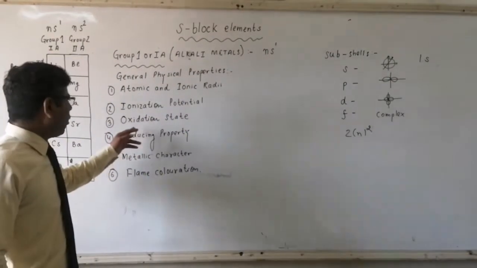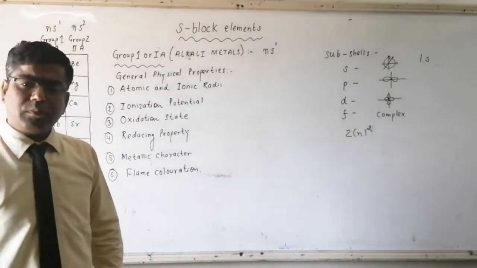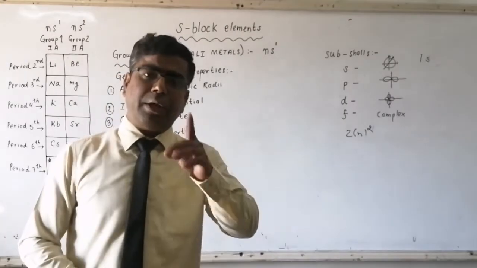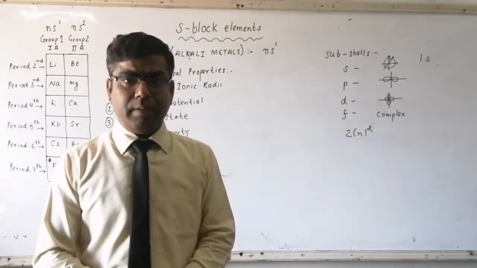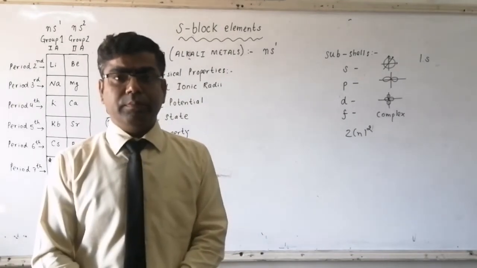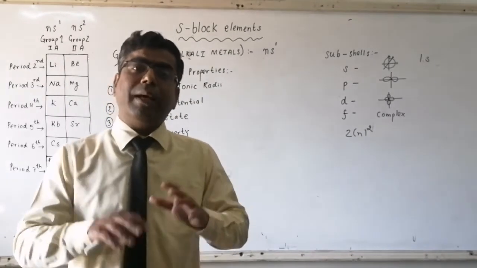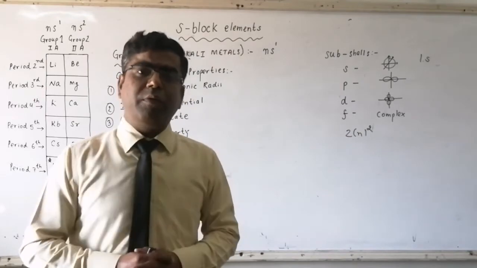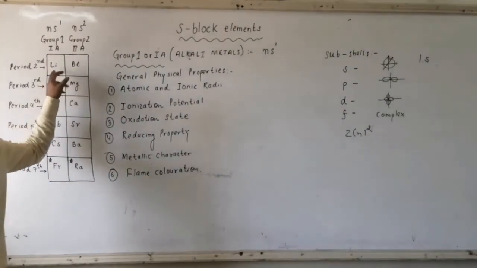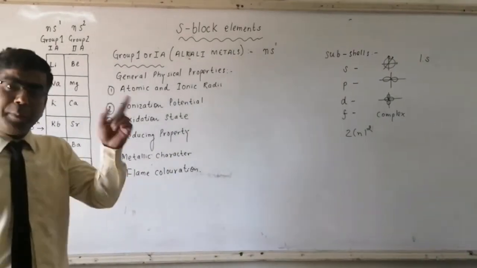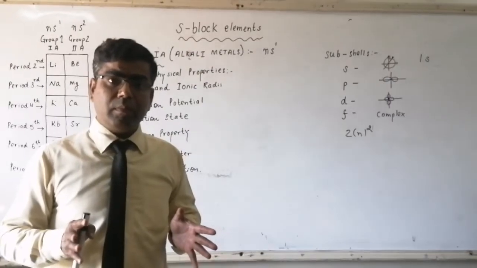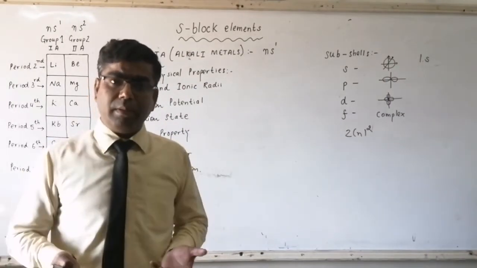Then we have oxidation state. All these metals have one electron in their valence shell. By losing one valence electron, they will acquire the electronic configuration of the nearest noble gas. Like lithium, if it loses one electron, it becomes Li+. And Li+ has the electronic configuration of helium. The configuration of helium is stable.